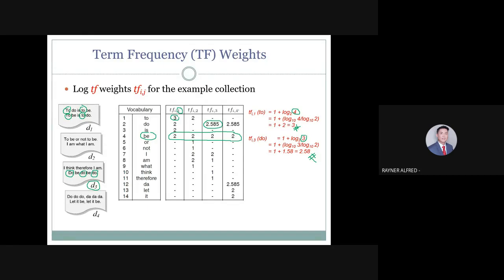So we cannot use the vocabulary B to differentiate the documents because all of them have it. We want to cancel this out, make it all 0. That's why we introduced the IDF.